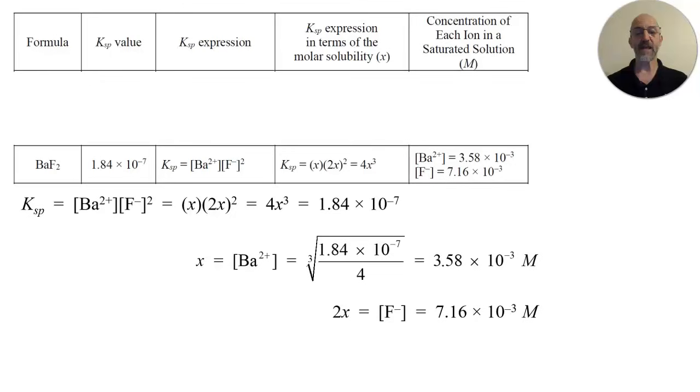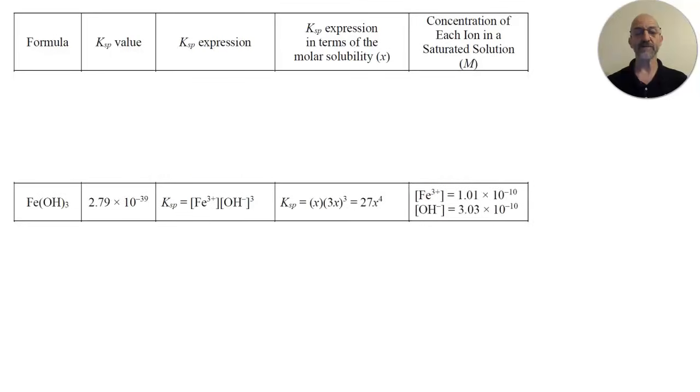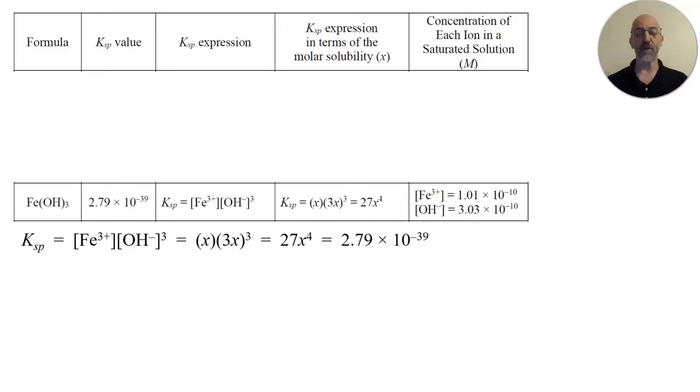Now, our next two examples are different than what we've seen in this lesson. So here is iron(III) hydroxide, which is Fe, and then OH in parentheses times 3. So because it's a 1-to-3 ratio, it was x for iron, 3x for the hydroxide, and then cubed, or raised to the third power. So I got 27x to the fourth power is equal to my Ksp.